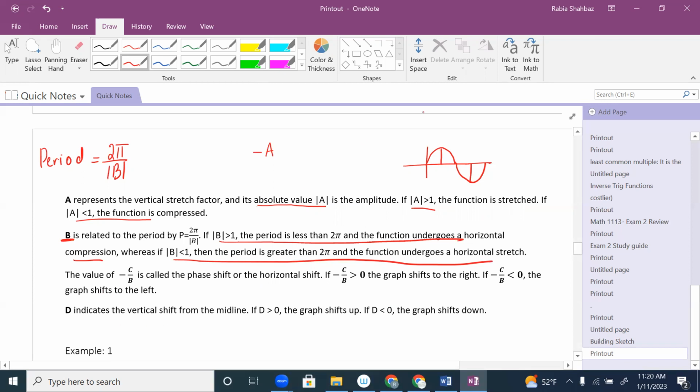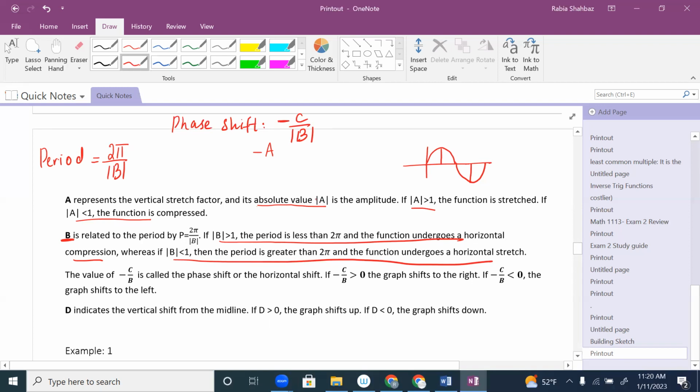The phase shift formula is C over B. In fact, negative C over absolute value of B. Why negative? Hopefully you remember from other functions like quadratic, exponential and log functions, that if you see a minus or plus with the x, like x minus a number or x plus a number, it has a different impact.